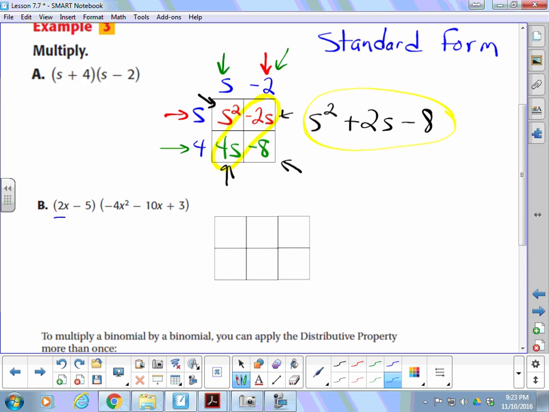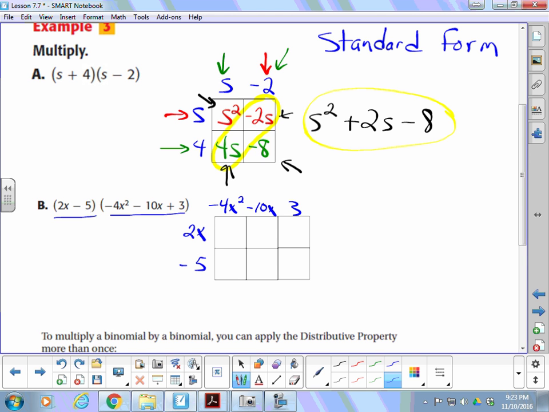I have a binomial with two terms, so I'm going to put that as my rows, the 2x and the negative 5. And then we have a trinomial. We're going to put that as our column heading. So negative 4x squared, negative 10x, and 3. Now I know the table on your paper might be a little bit small, so if you need to make it bigger, go ahead and do that.